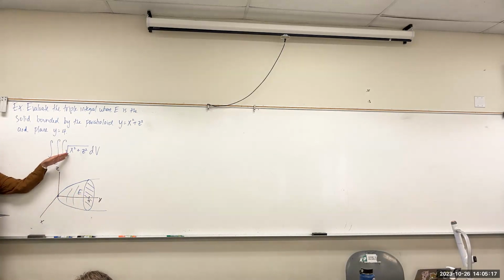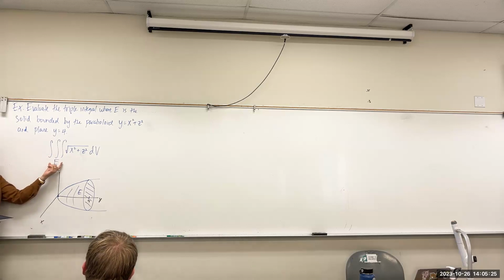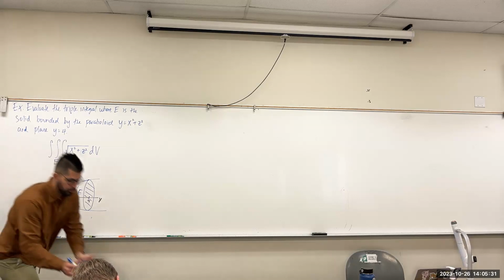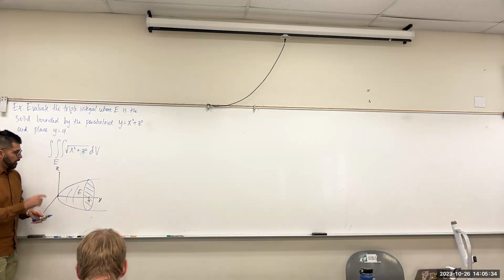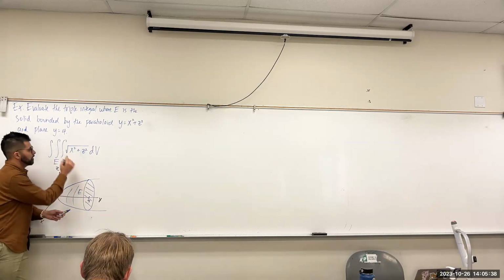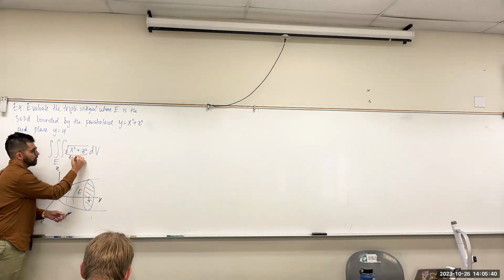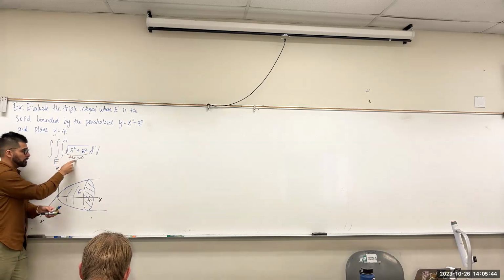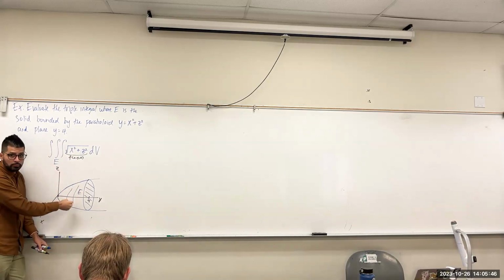Are we finding the volume of the solid? Is that what this is asking us to do? No. That's what we're triple integrating over, this solid. What does that mean? It's a hypervolume, where the points that we plug into this function, f of x, y, z, only come from this solid.